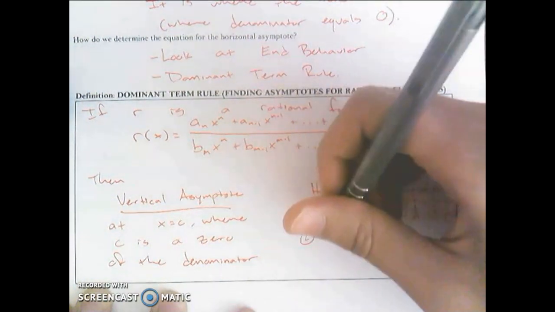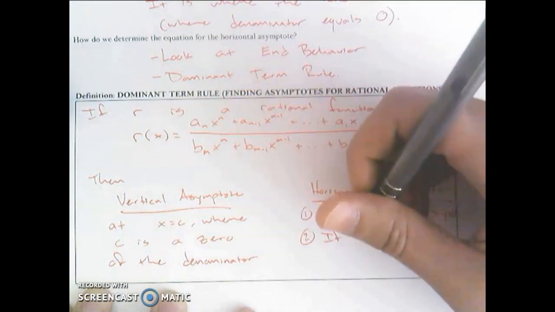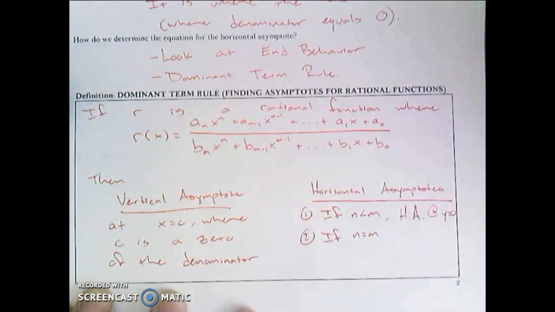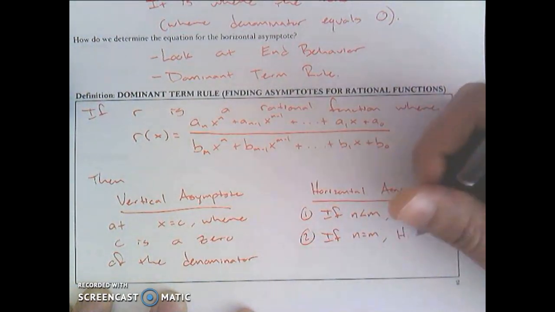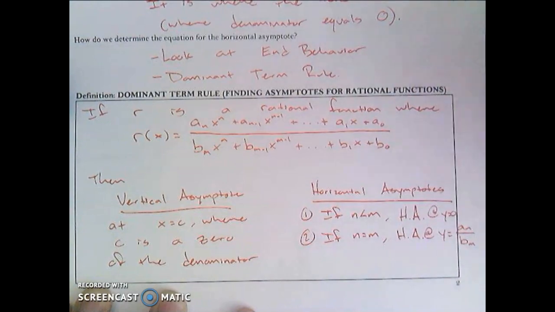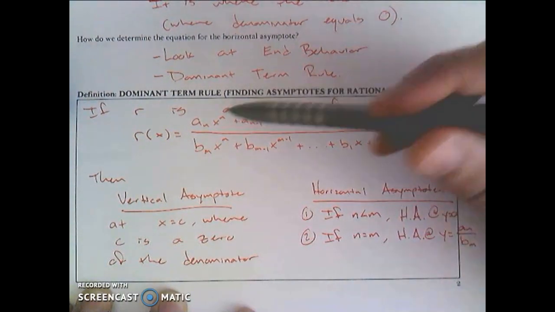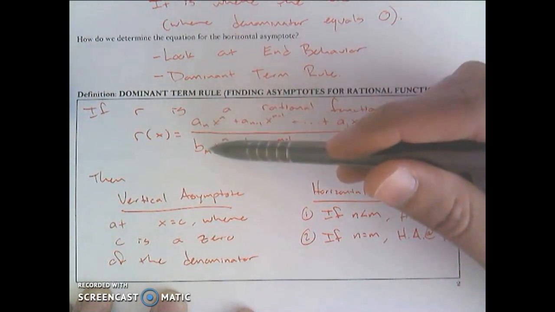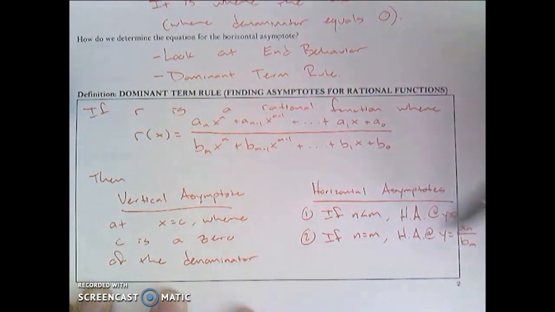Case 2 is if we have n equals m, so the degree of the numerator is equal to the degree of the denominator. Then the horizontal asymptote is at y equals the ratio of the leading coefficients, a_n over b_m. So if we take those leading coefficients and find the ratio, then that is the equation y equals for the horizontal asymptote.